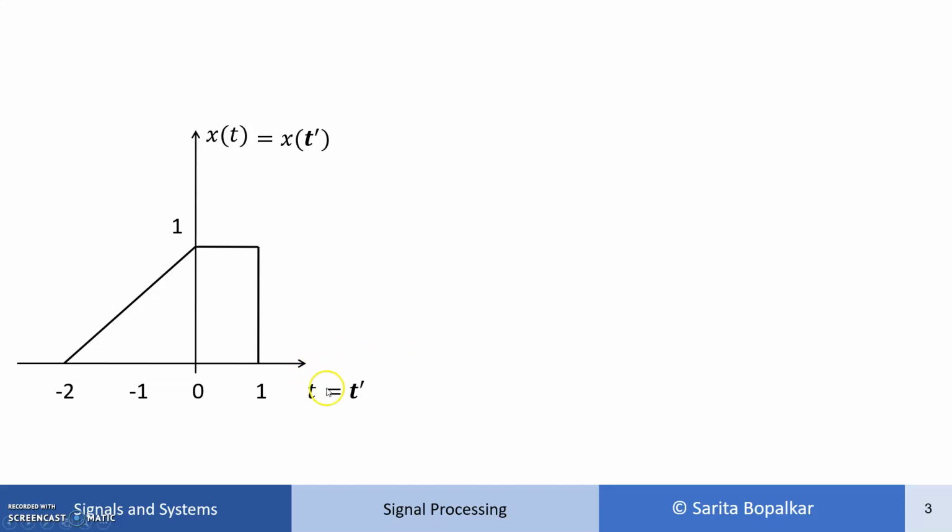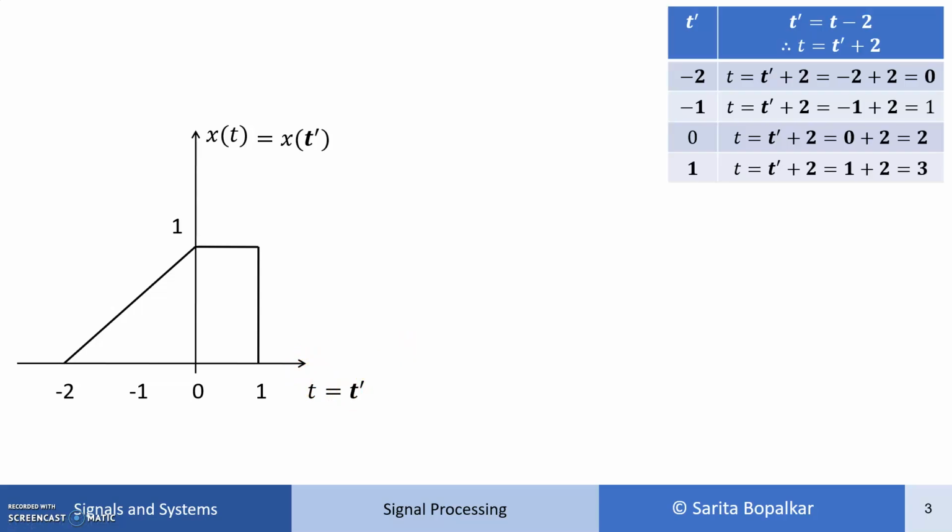The original signal time axis we are marking as t dash. Now, we want to convert this t dash to the delayed version, suppose t minus 2. We want to delay the original signal by 2 time units. So what is t? t is t dash plus 2.